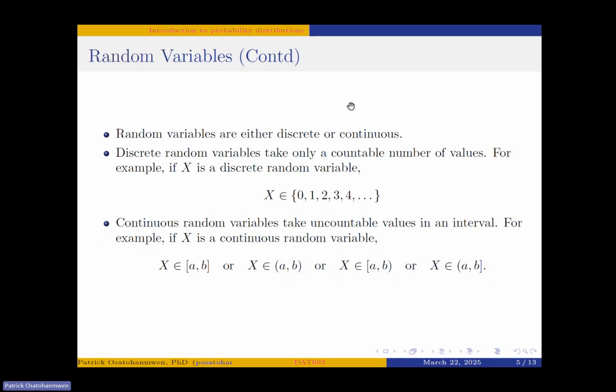Maybe you weigh 64.5 kg, right? So in this instance, it is not essentially a discrete outcome that is resulting. So that's how random variables exist. They are discrete and they are also continuous.